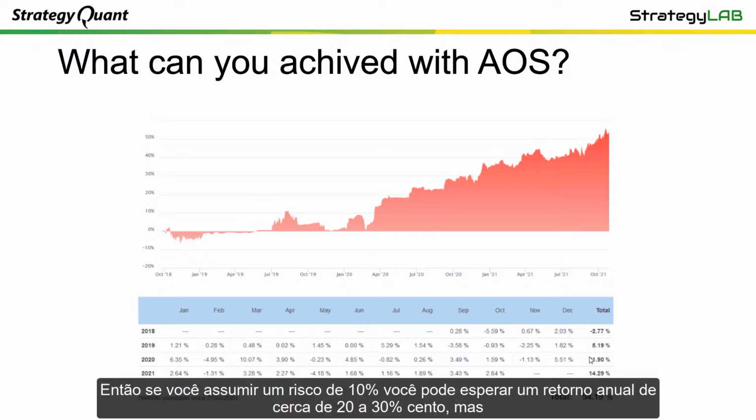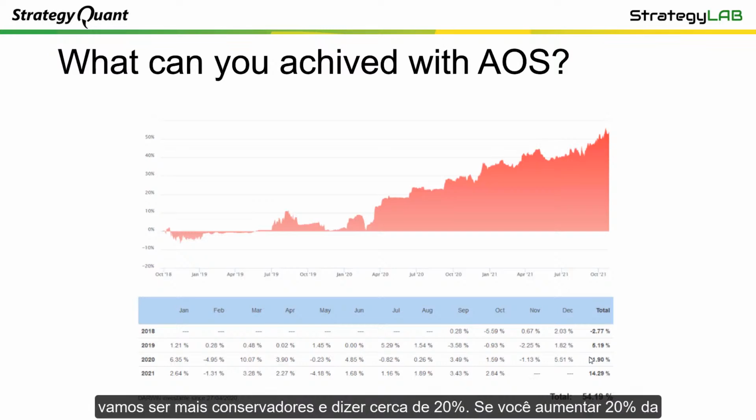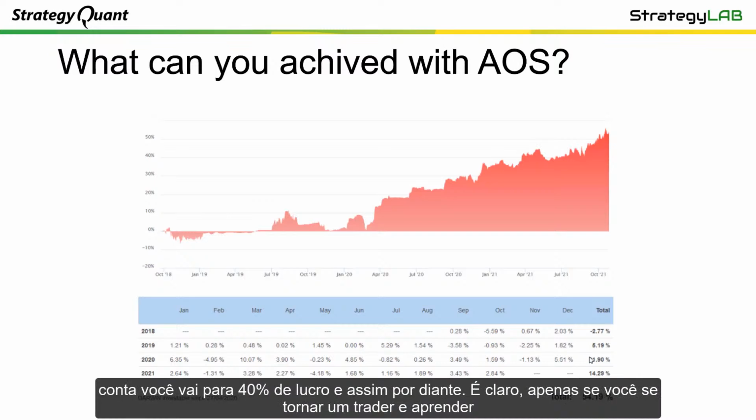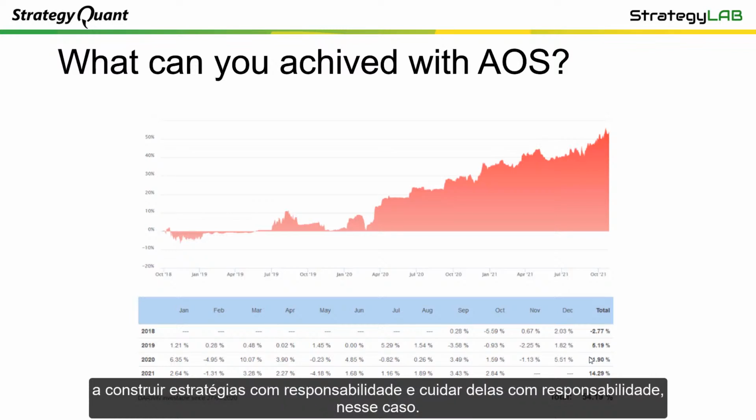So if you take a 10% risk, you can expect an annual return of around 20 to 30%, but let's be more conservative and say around 20%. If you risk 20% of the account, you go for 40% profit, and so on. Of course, if you become a trader and learn to build strategies responsibly and take care of them responsibly, in such a case.